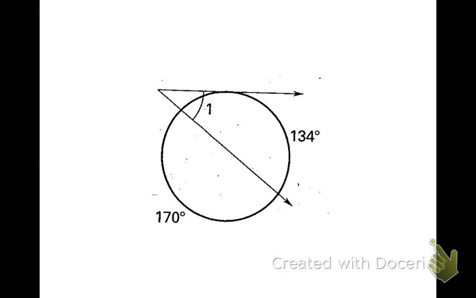So one thing you can do to help you see is highlight the arcs that are intercepted by the angle. So in this, we've got this arc, which we know, 134, and the other arc that's contained by that angle is this one. We don't know that arc. How can I figure it out?